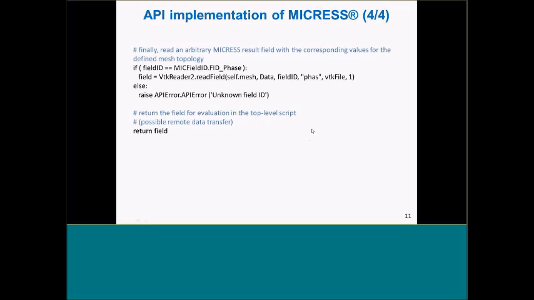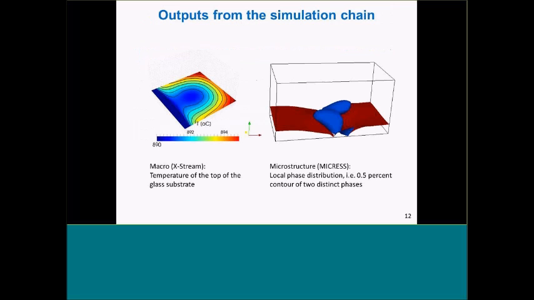MuPIF formally introduces this get field URL routine, which allows to pass directly from one application interface to another, without interaction of the top level script. That will save a lot of time, I think. So that's nearly all from me.